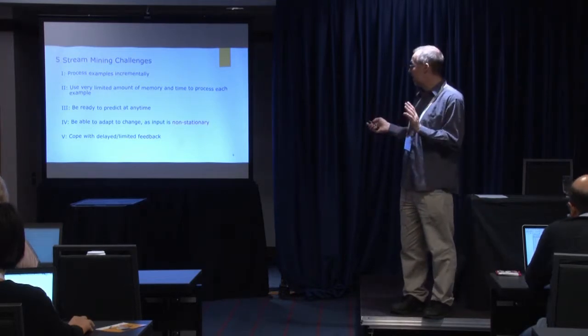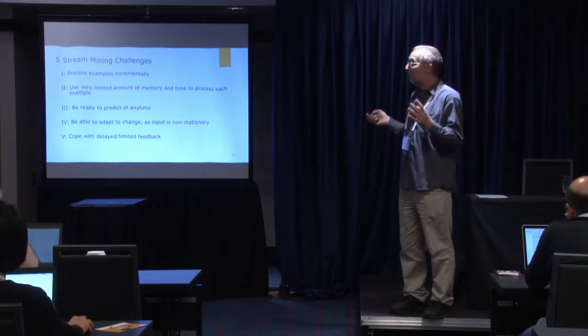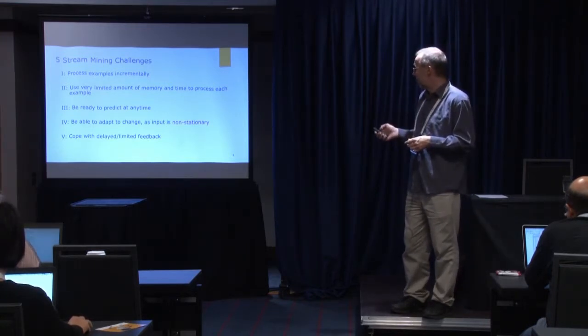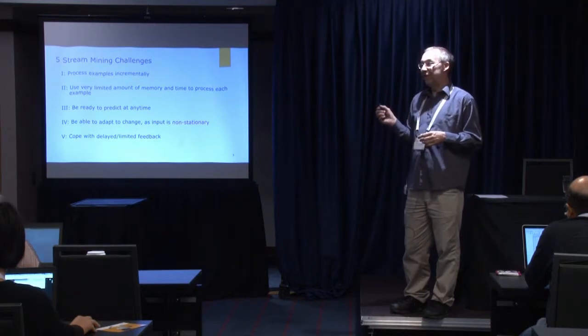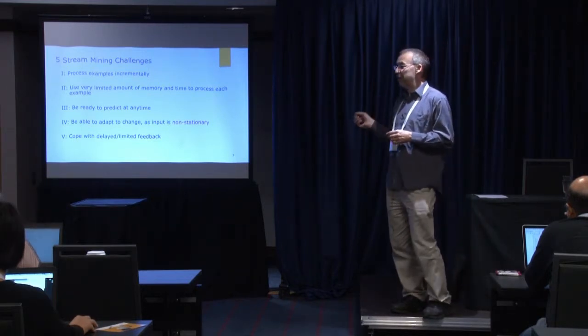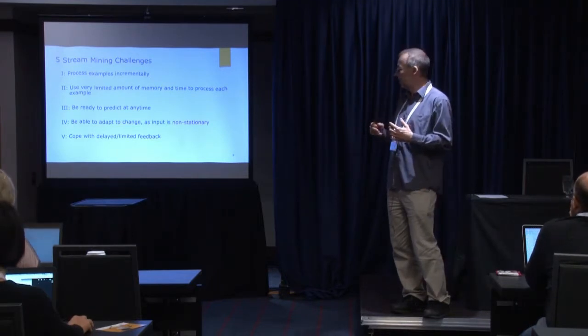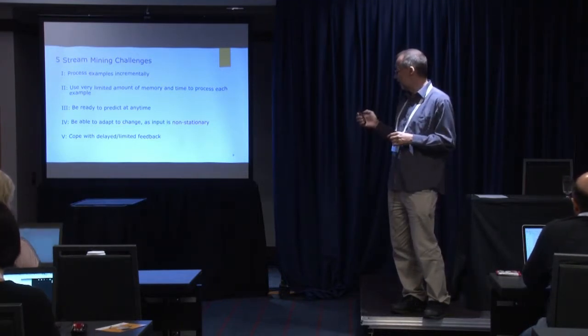So you want to be able to predict at any time. And therefore, all the algorithms that we look at are usually some form of anytime algorithms. Now, number 4 is, from my point of view, the most important bit. And this is where it really is different from regular machine learning. And I'll come back to that on the next slide.